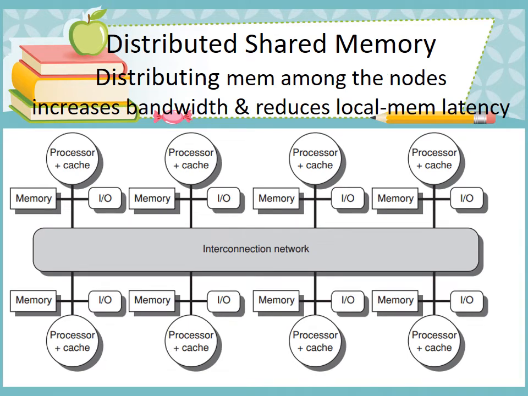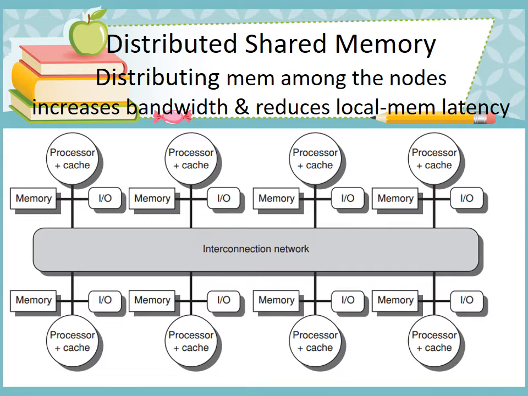Next is the distributed shared memory. In simple words, it means distributing memory among the nodes, which in turn increases the bandwidth and reduces the local memory latency. We have memory, input output, the processor and cache, and an interconnection network between them.